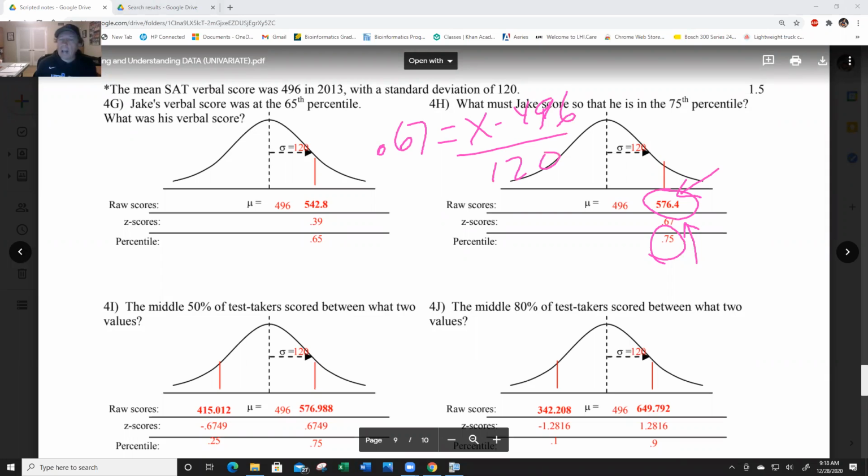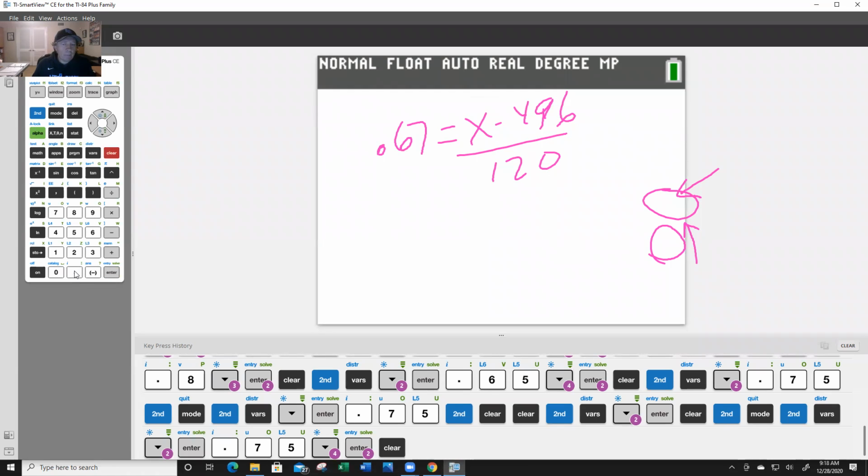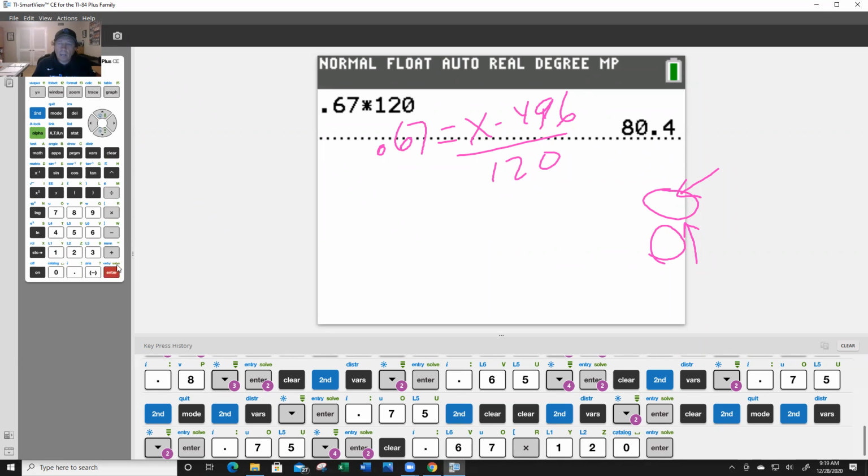Then I'm going to use algebra. So basically I'm multiplying 0.67 times 120, and then adding 496. I can do it real quick, it's really easy.